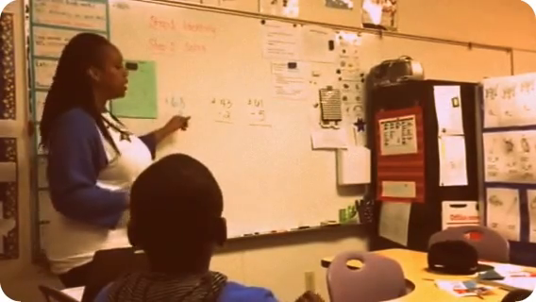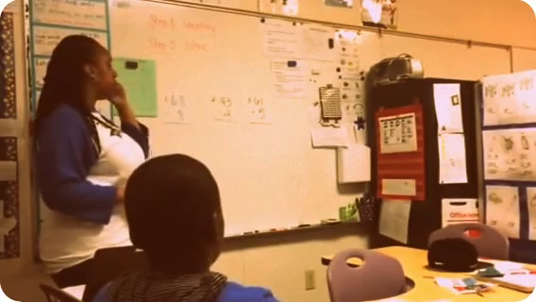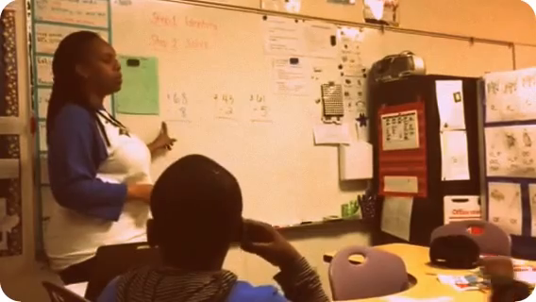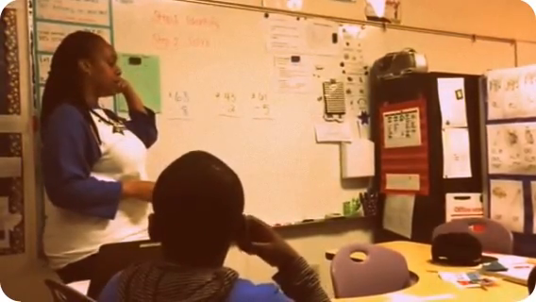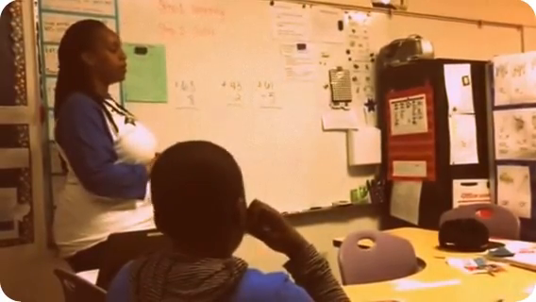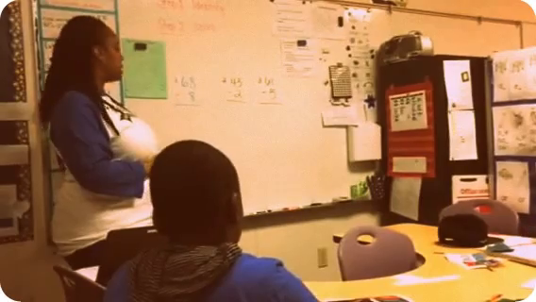Okay, so looking at this equation, do not shout out. I want you to take some thinking time, and I want you to tell me whether or not this equation requires us to borrow. When you have thought about it and you have your answer, I want you to write it on your whiteboard. No shouting out. You write it on your board, and we'll go around and discuss, okay?